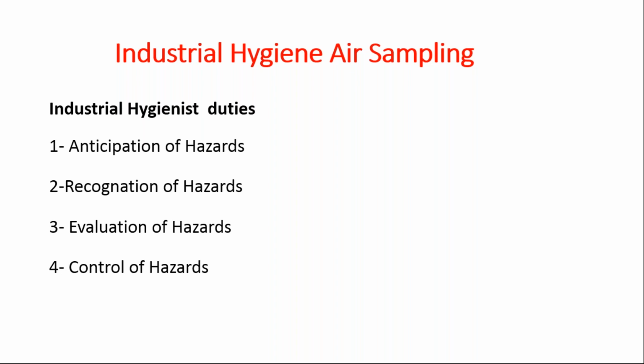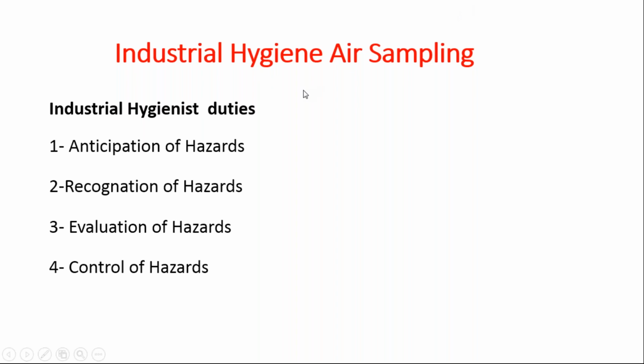Okay, any point, any questions so far, any point for discussion so far? These are mentioned here only for industrial hygiene air sampling, the anticipation, recognition, evaluation, and control of the hazard only for industrial hygiene air sampling.